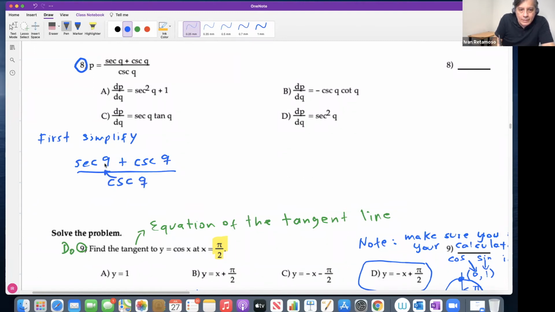Divide this into this, into this. First, simplify. Once you simplify, second, take the derivative. Can you try this one?